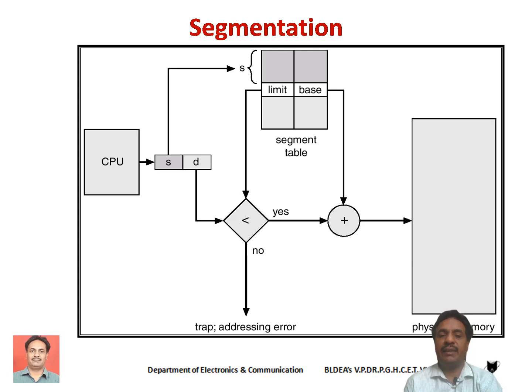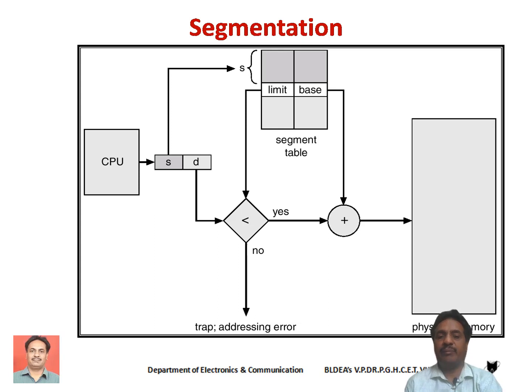We check this D value, that is 54. Is it less than the size of the segment? Is it less than the limit value? If it is so, we add this 54, the D value, to the base address of this segment. The base address of the segment in the example we discussed is 2000.